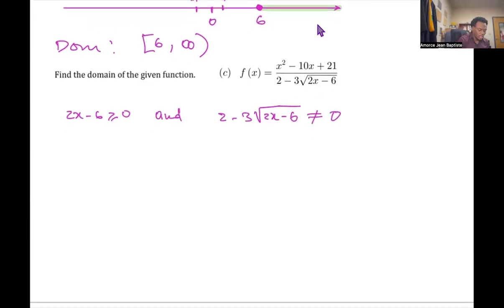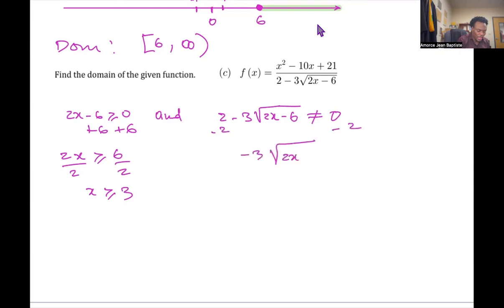So for this one, you can add 6 on both sides. 2x is greater than or equal to 6. We divide by 2. X is greater or equal to 3. And then we're going to solve this. Let's subtract 2 on both sides. Negative 3 square root of 2x minus 6, we want it to be not equal to negative 2.